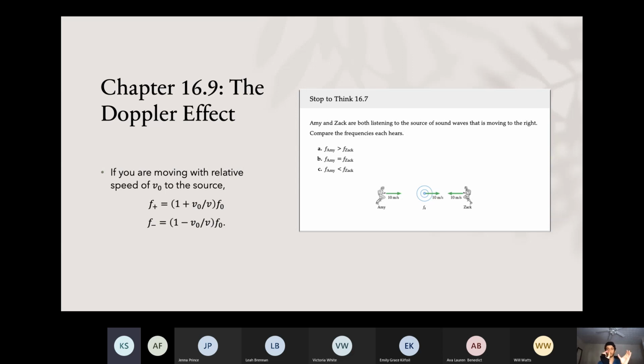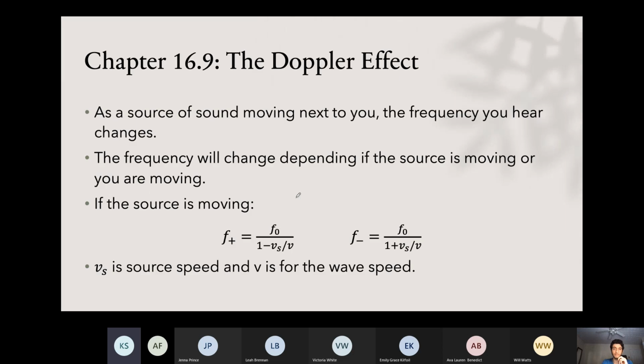So as both of them are moving, with the frequency to Amy, would it be less or more than the normal? Would it be the same? No, it would not be the same, because those two equations are a bit different.